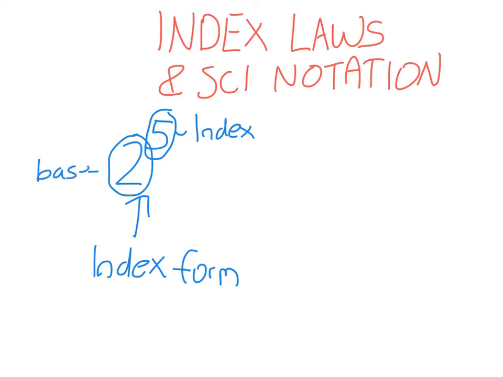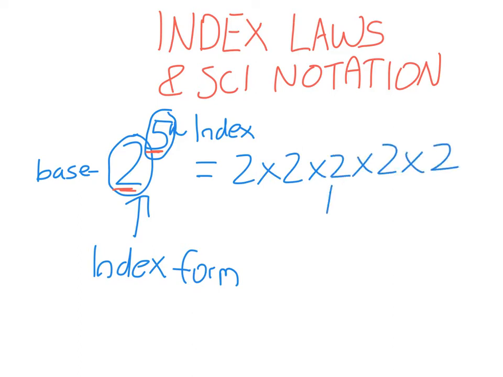Now hopefully you know that when you're raising a number to a positive integer, you just times the base, this number, by itself this many times. So 2 to the power of 5 is 2 times itself 5 times. We say that this is expanded form, probably because it's very, very long.